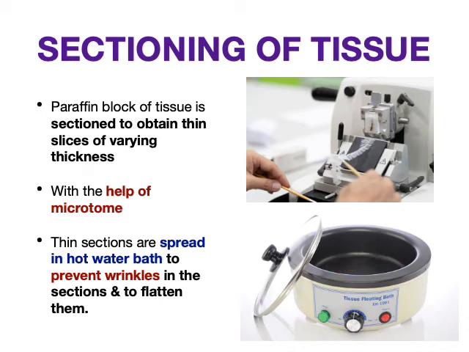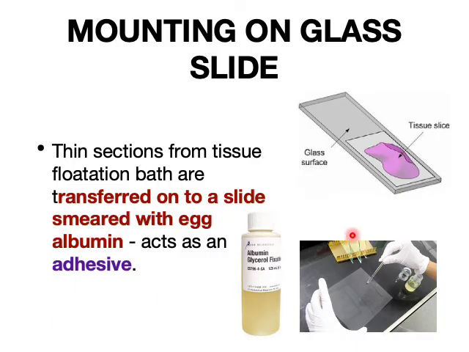Now, the next step is mounting this tissue onto the glass slide. These sections are taken out from the tissue flotation bath. In the next picture, I'll show how the tissue will be mounted onto the slide.